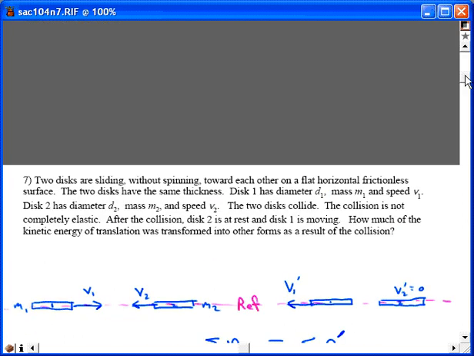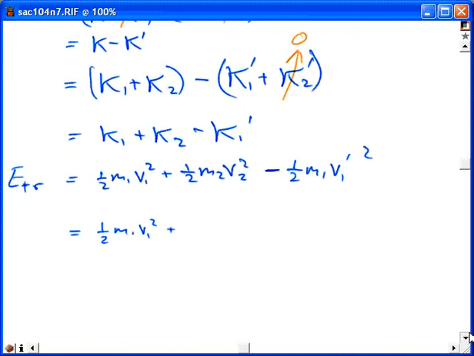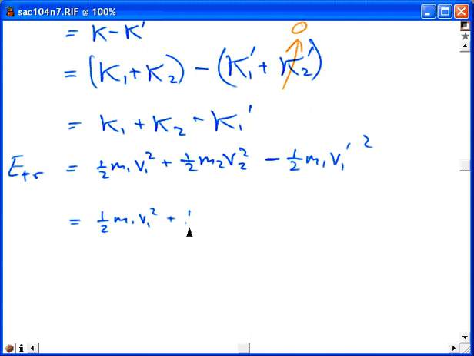By the way, they do have two separate masses, so it was sensible to use two different symbols for that. So 1/2 M1 V1 squared plus 1/2 M2 V2 squared. All that stuff is known. And then minus 1/2 M1. Do the pure substitution here.